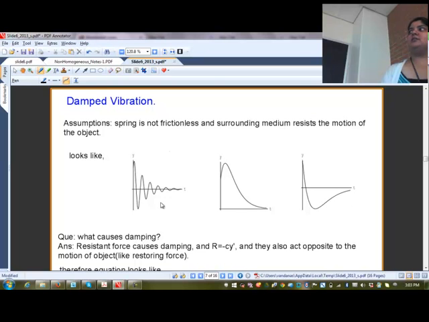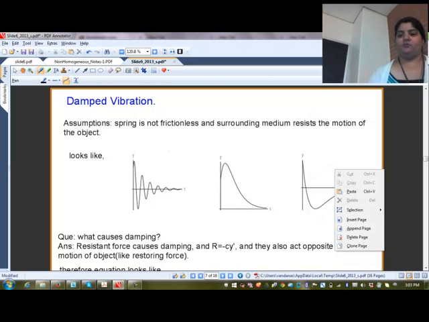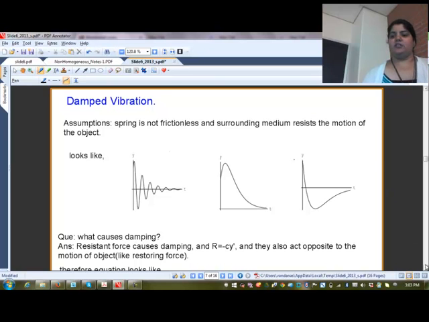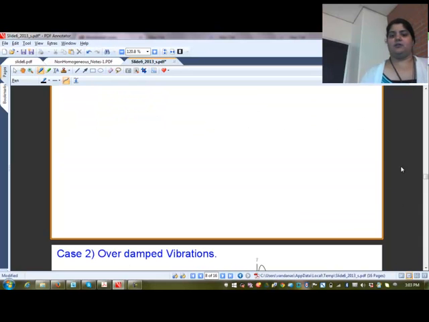So these are the three situations of damping, and they depend on the damping constant c, which depends on the type of medium we are in. So what causes damping? This factor c causes damping. The y prime term coefficient causes damping.